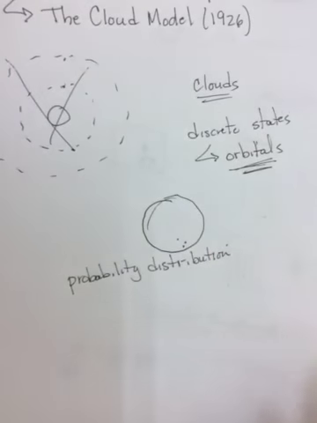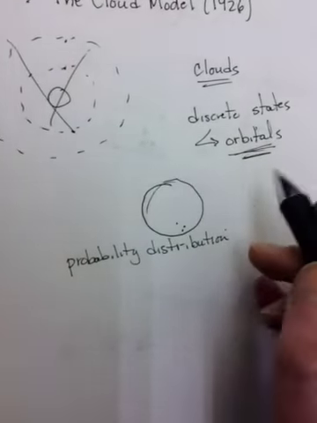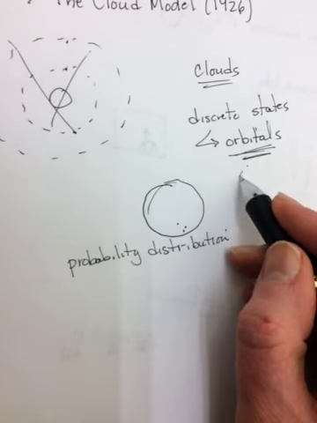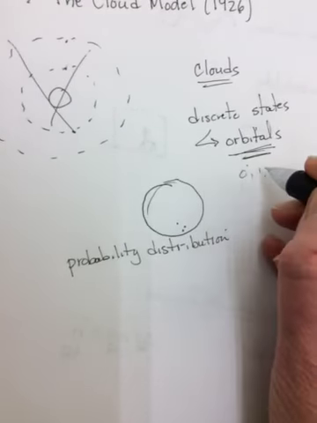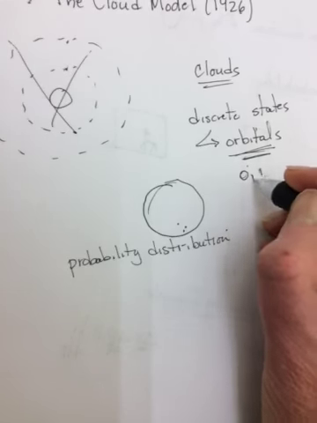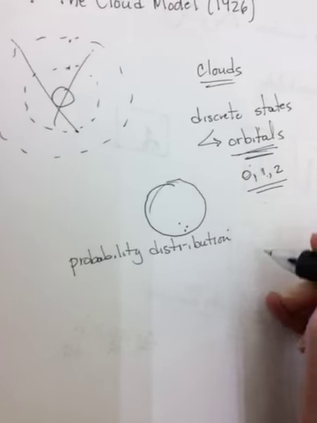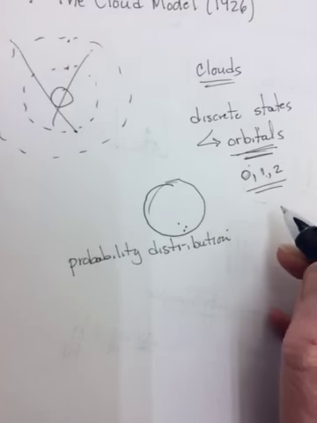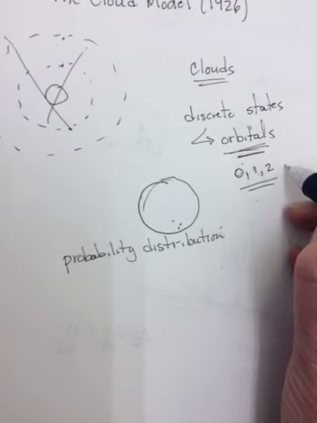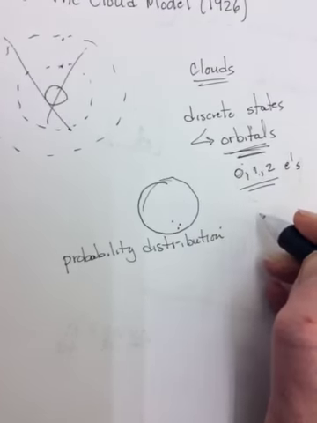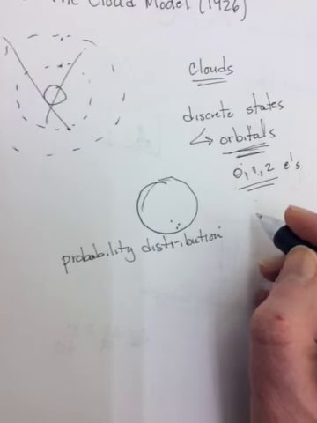This cloud model also suggests that each orbital can occupy 0, 1, or 2 electrons. 0, 1, or 2 electrons only, and no more. And that if there are 2 electrons in the same orbital, they cannot have the same spin.